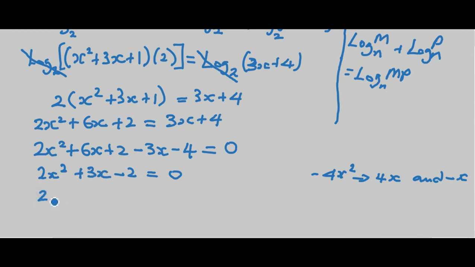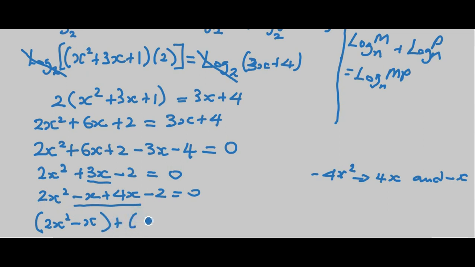So we have 2x squared minus x plus 4x minus 2 is equal to 0. I hope you know that minus x plus 4x is the same thing as our 3x. So factorizing, we have 2x squared minus x in a bracket, plus 4x minus 2 in a bracket, is equal to 0.